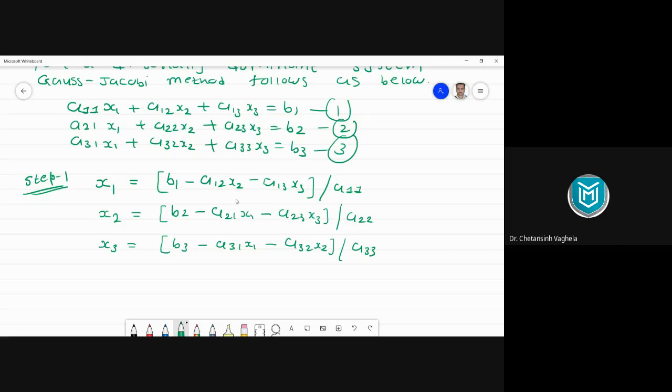So this way I have created three formulas for x1, x2 and x3. इसी तरह से अगर n variables होते हैं, then we can create n formulas here with the help of n equations, right? So process of creating formula will be same whether you have 3 equations or 4 equations or n equations. Now what is next step after this?